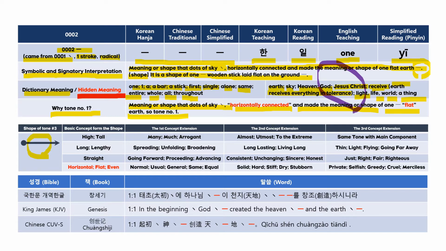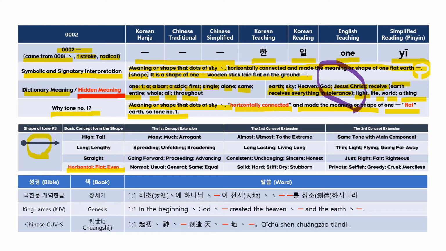So tone number 1, horizontal, flat. For these tone number principles, I will upload another English lecture version very soon. You can refer to that later.